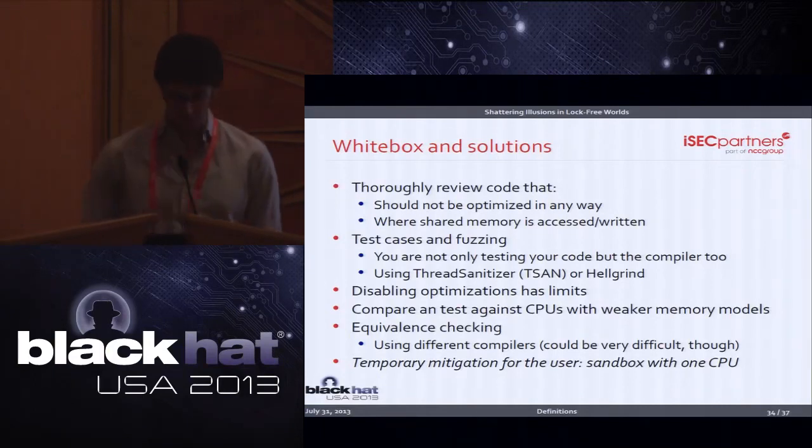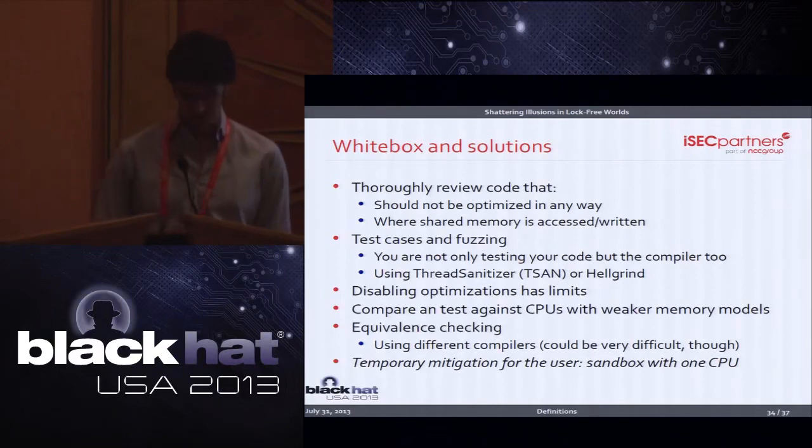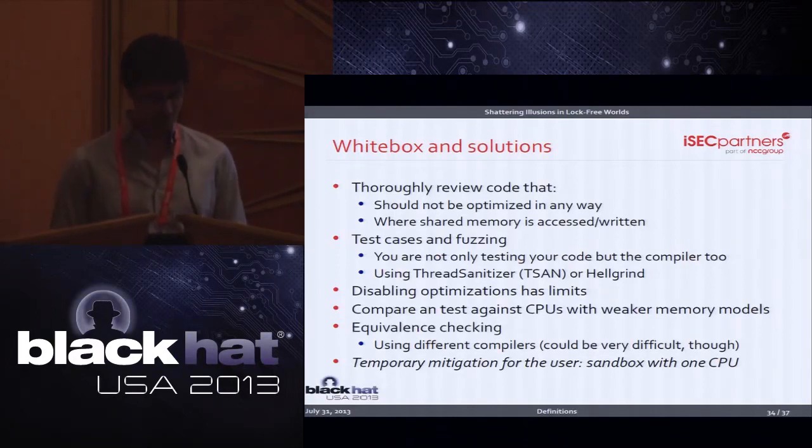You could also do equivalence checking using different compilers, but this could be pretty difficult as you need to know which generated code is supposed to be correct. Testing with CPUs with weaker memory models can be good as well. You could cross-compile for Itanium, for instance, which is a weakly ordered CPU, and see if the code still works fine.